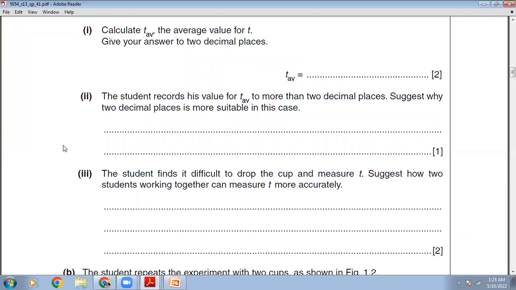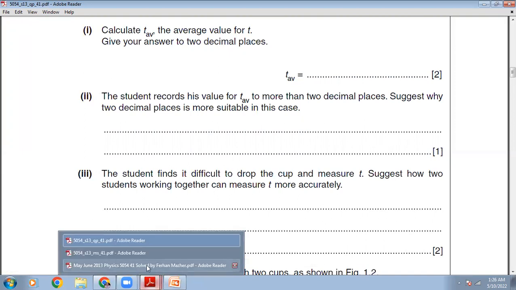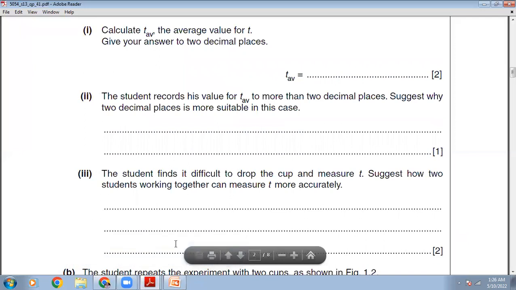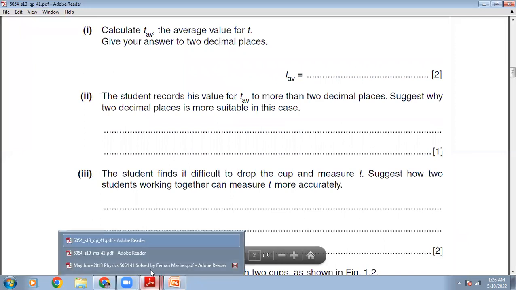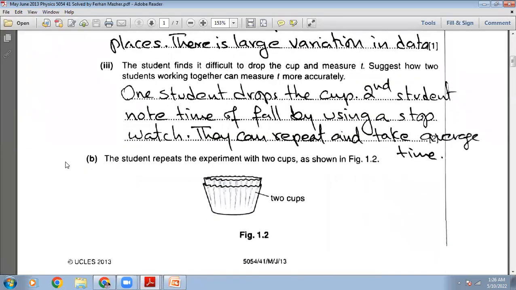He will note down the time of the fall with the help of the stopwatch, and then it will be more accurate. And they can repeat the experiment and then take the average of the time taken. So let me show you my answer. One student drops the cup, second student notes time of the fall by using a stopwatch. They can repeat the experiment and take average value of the time.